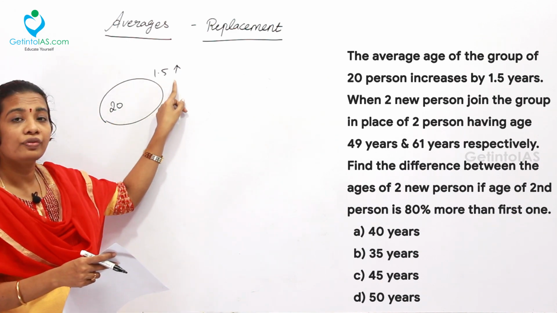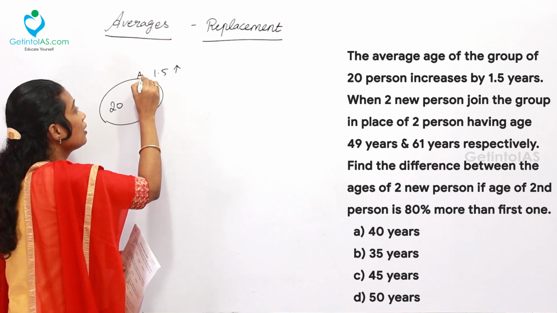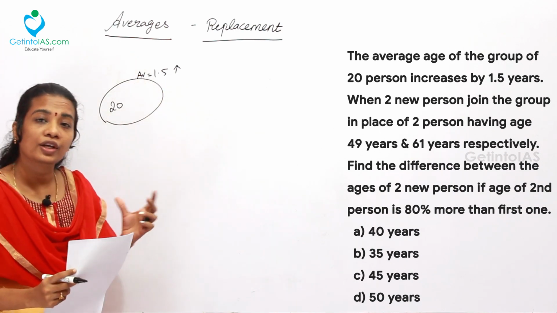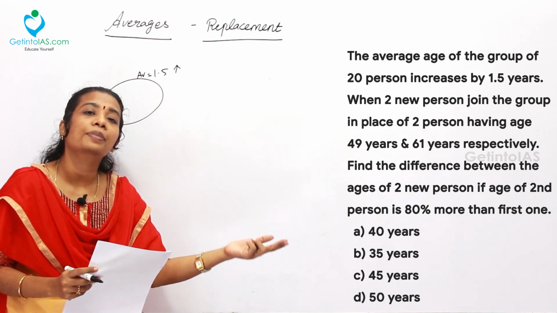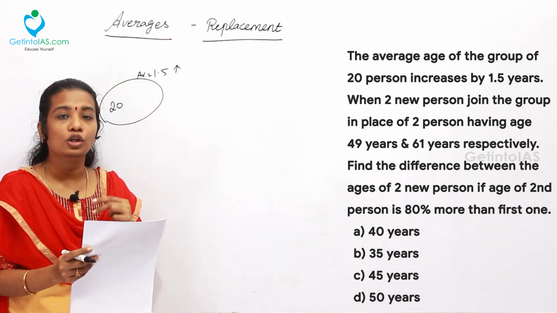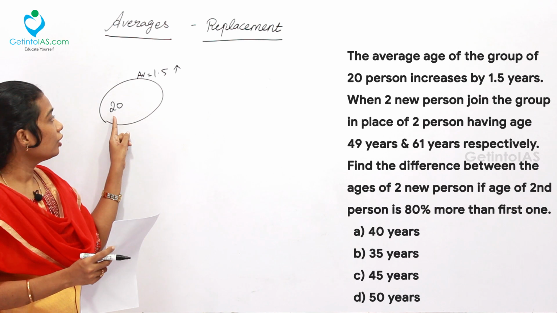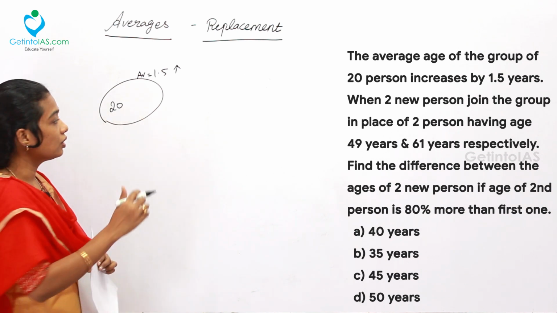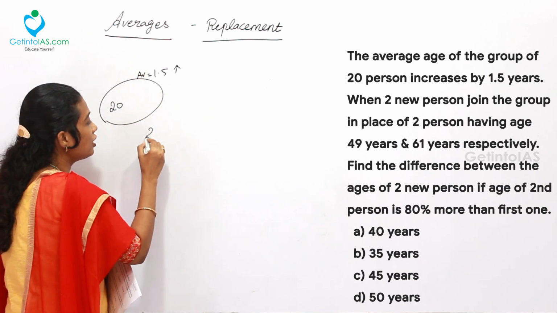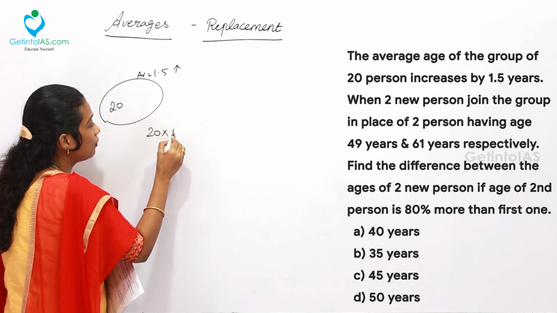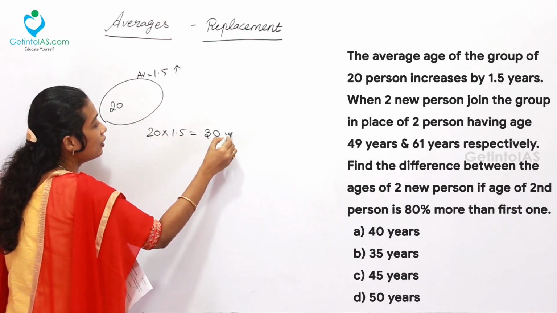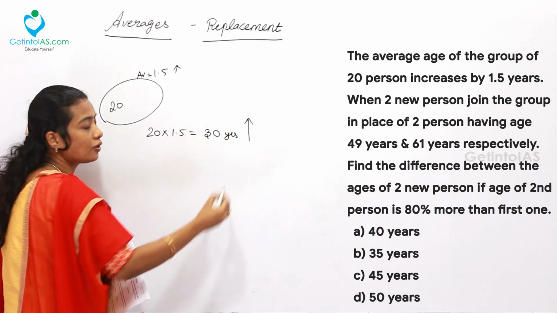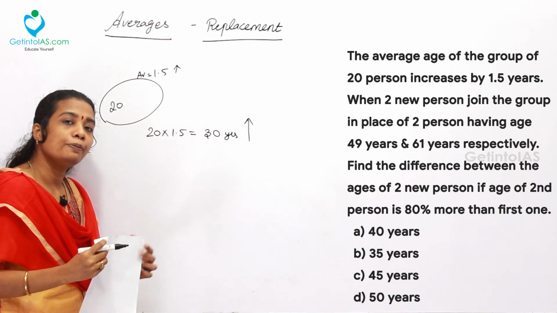This 1.5 average increase is happening when two of the members are going out. In their place another two are joining the group. So here 20 into 1.5, that is the overall increase. Let's find it. 20 into 1.5, which is simply 30. 30 years increased by the new persons.